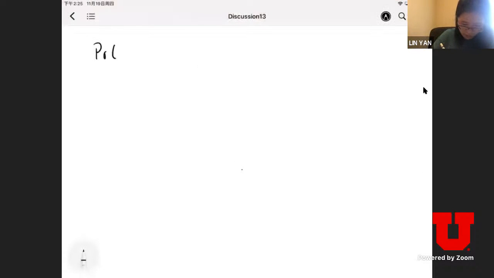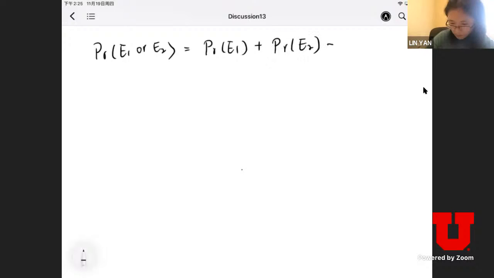The probability of E1 or E2 is equal to the probability of E1 plus the probability of E2 minus the probability of E1 and E2.